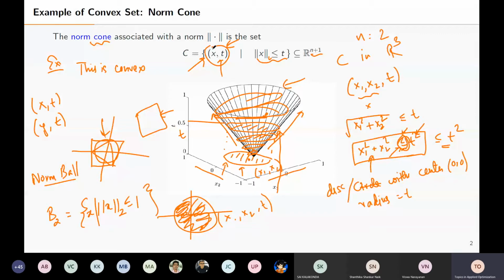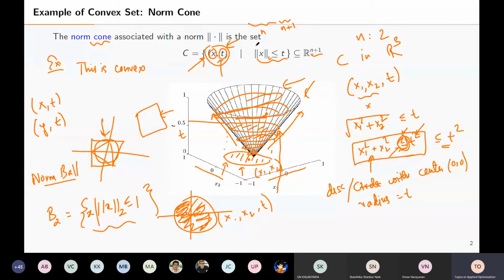Here the difference is that x is separated out from t. Now we are relating the first n components with the n plus 1th component. That's why the shape changes. There was no such constraint in the norm balls case.